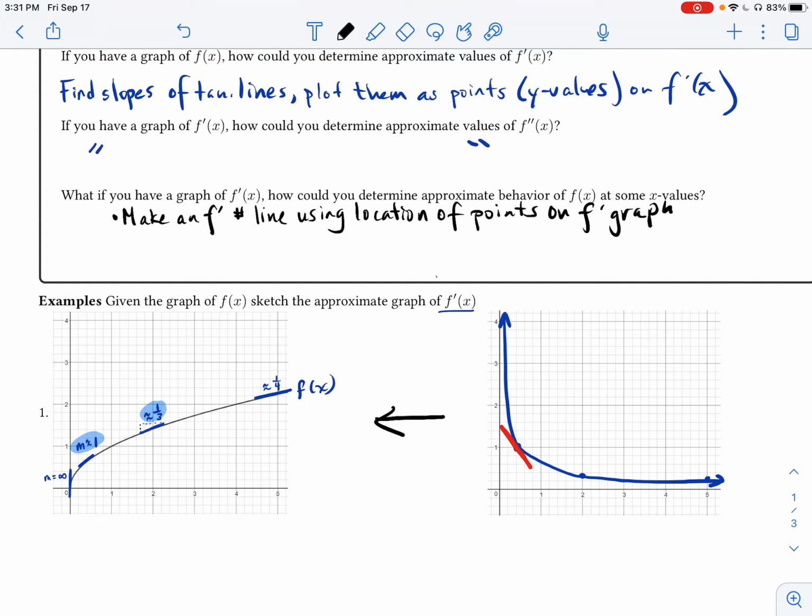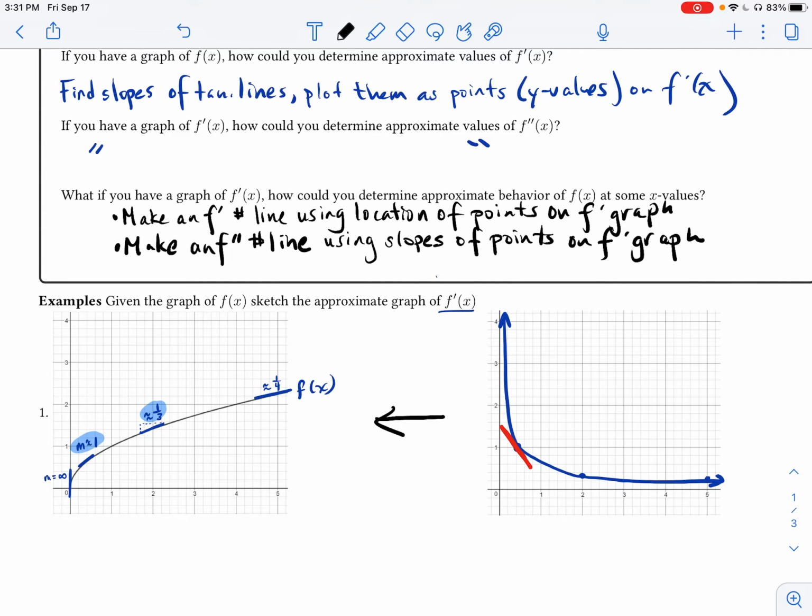And then I'm also going to make a second derivative number line using the slopes of points on the f prime graph. We'll do all this in a practice problem in just a moment. Then we're going to use both of these number lines to sketch f of x. So let's try an example of this right now.